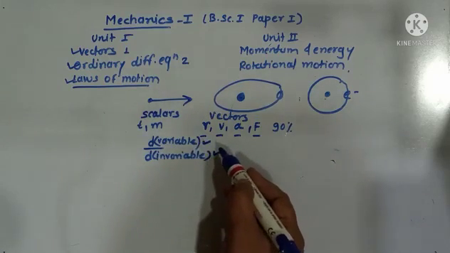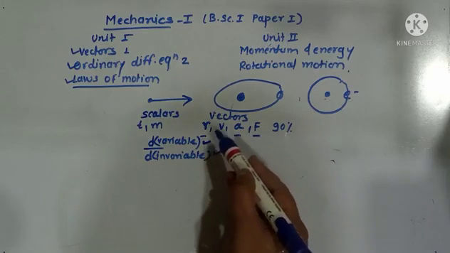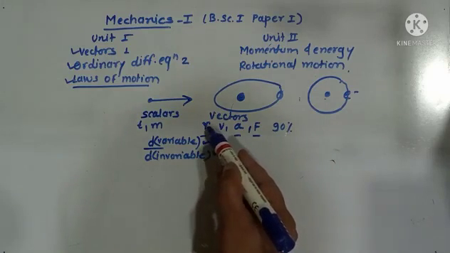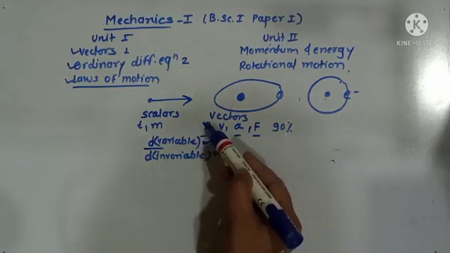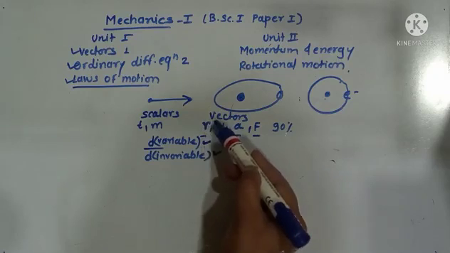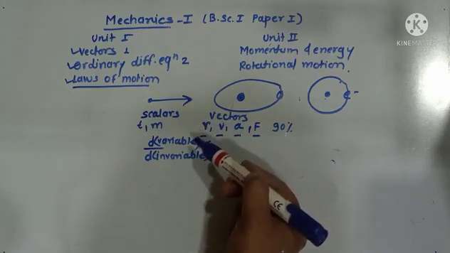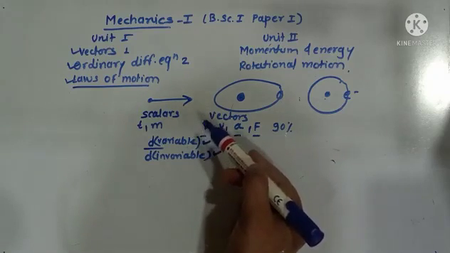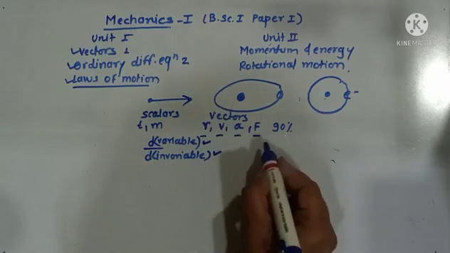So when we are taking the change of one variable with another variable, or the change in a physical quantity of one entity with respect to another entity, we call it an ordinary differential equation.